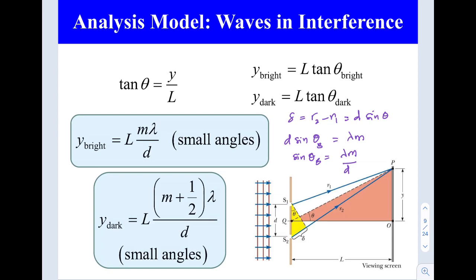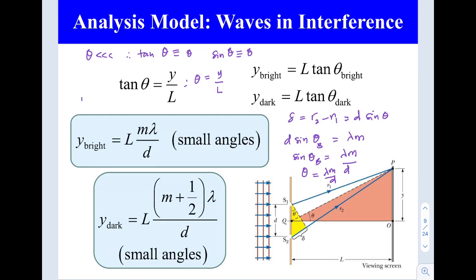If theta is very small, tangent theta is more or less theta only, and sin theta is more or less theta only. Then theta is equivalent to y over L, and theta is also equivalent to lambda m over d.